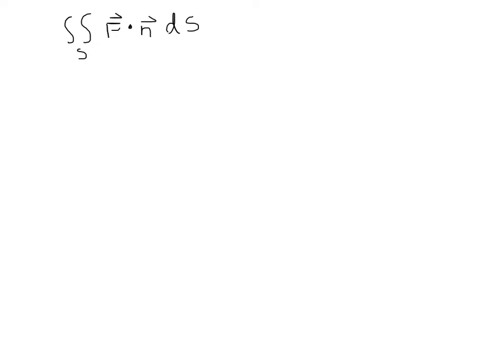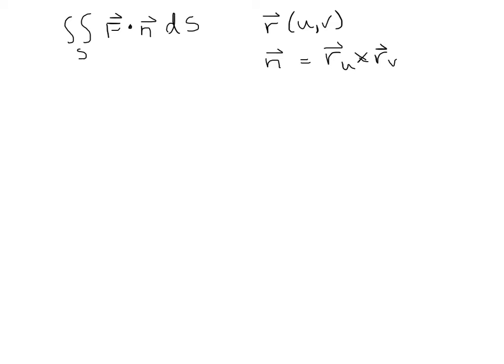Now, if I have my surface as r of u and v, then I could write down each different normal vector as r sub u cross r sub v. A cross product finds a vector normal to that surface.